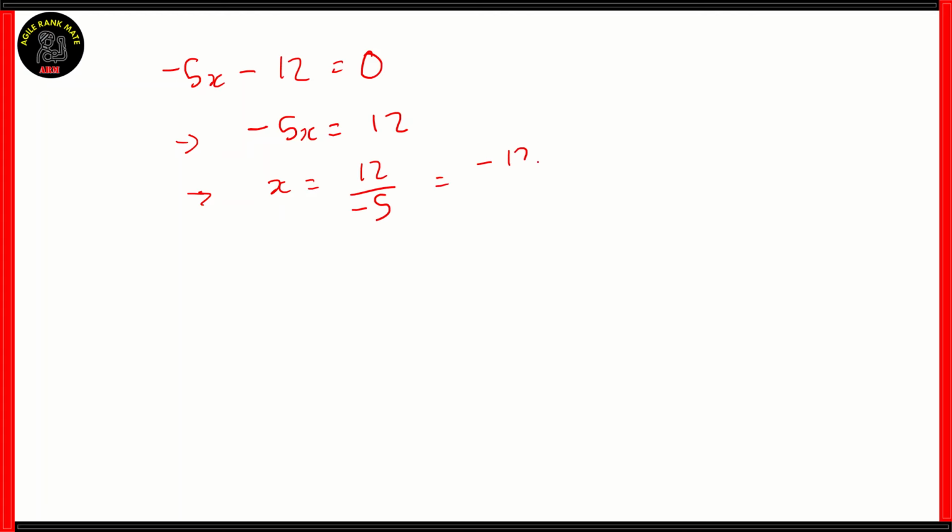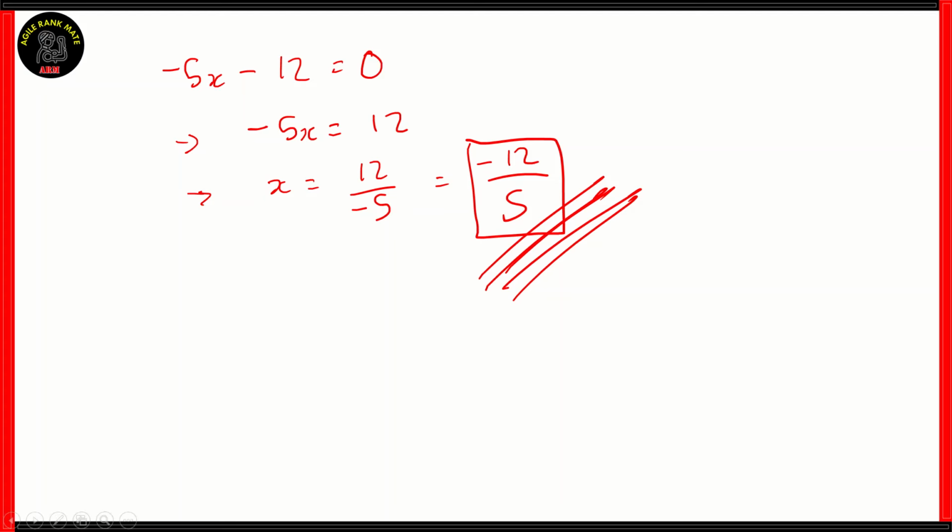So that's how we solve it. Therefore, minus 5x minus 12 is equal to 0. So minus 5x would be equal to plus 12, which means x would be equal to 12 over minus 5, which is the same thing as minus 12 over 5. So the value of x is minus 12 over 5.